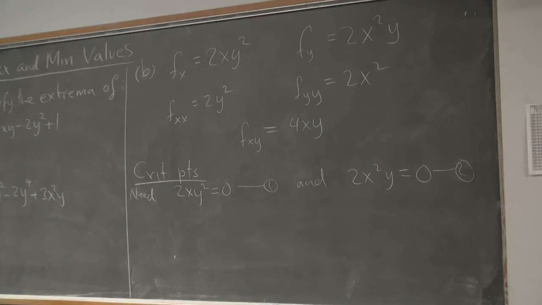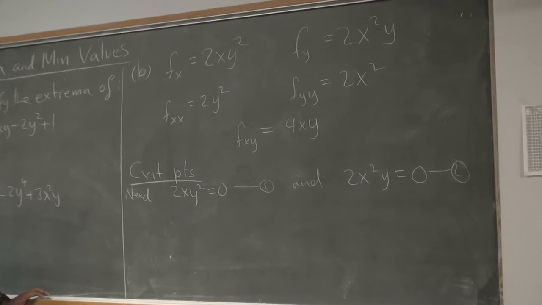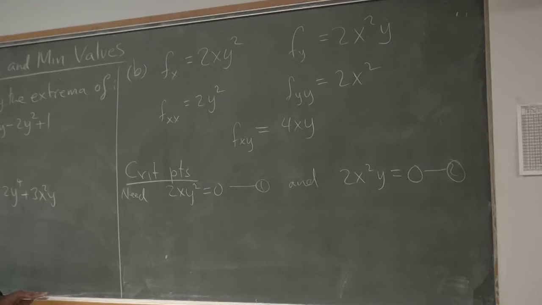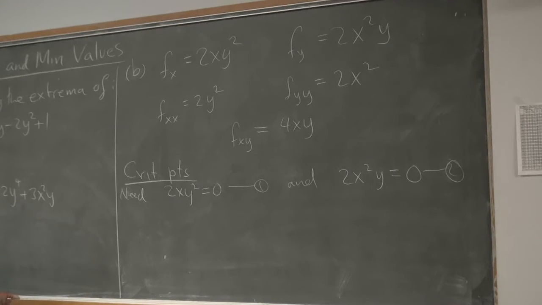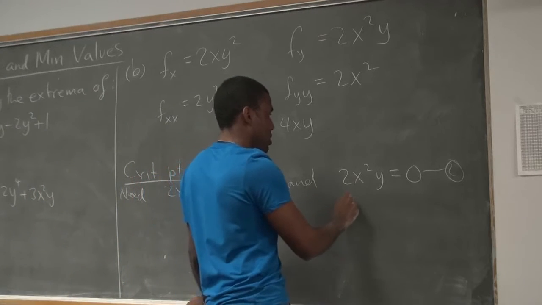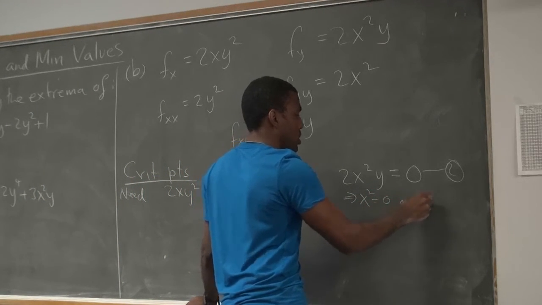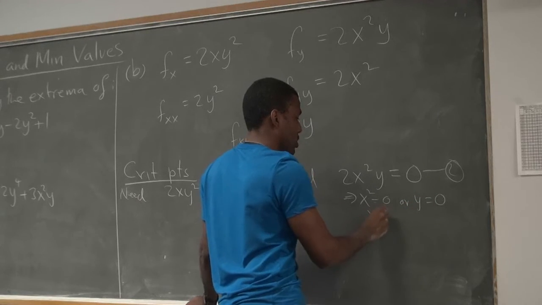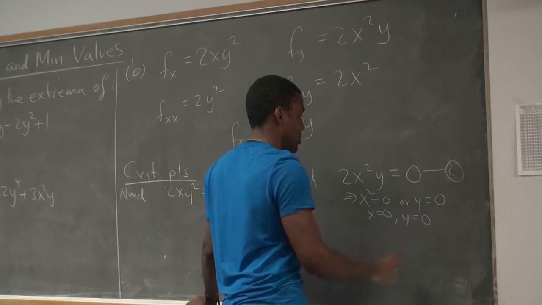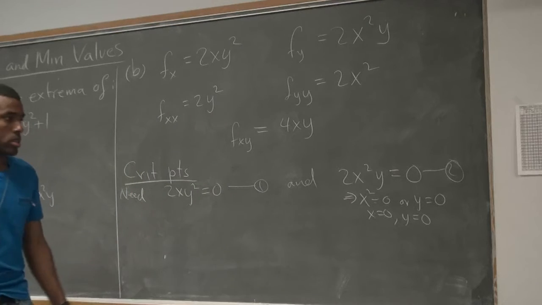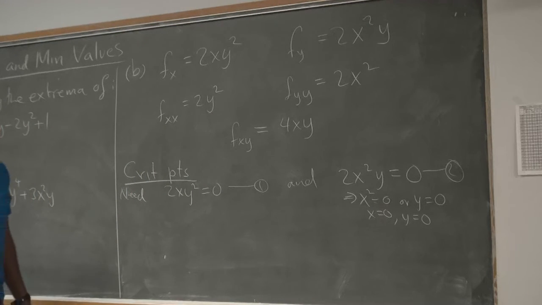How do I solve these? We'll use 1, right? So here, this means that x squared equals 0, or y squared, y equals 0, which means x equals 0, and y equals 0. And of course, if you plug them in here, that solves it.